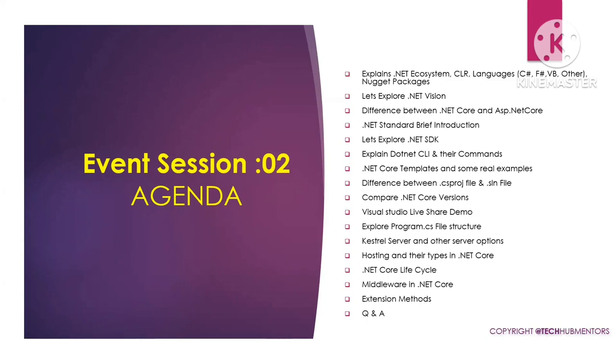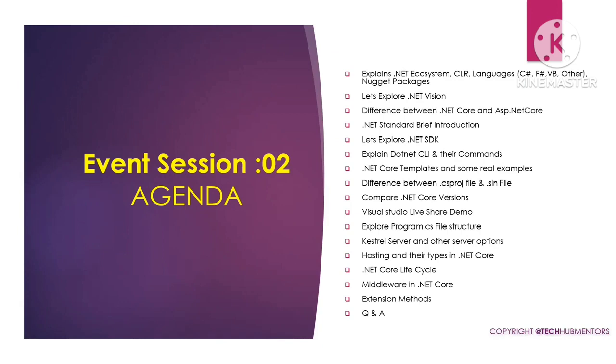We will discuss more in later sessions. Then the .NET SDK, more about the .NET CLI and its commands, .NET Core templates with some real examples, .csproj files and the solution file, and we will compare .NET Core versions, how their history and various features came up.